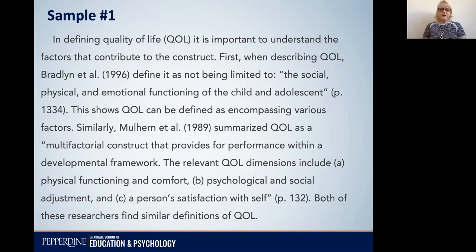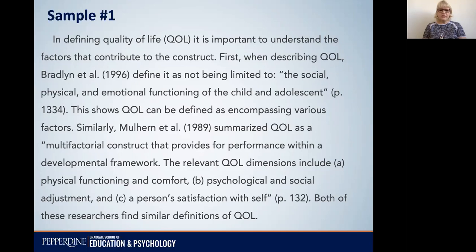In defining quality of life, it is important to understand the factors that contribute to the construct. First, when describing QOL, Bradlin et al. define it as not being limited to the social, physical, and emotional functioning of the child and adolescent. This shows QOL can be defined as encompassing various factors.